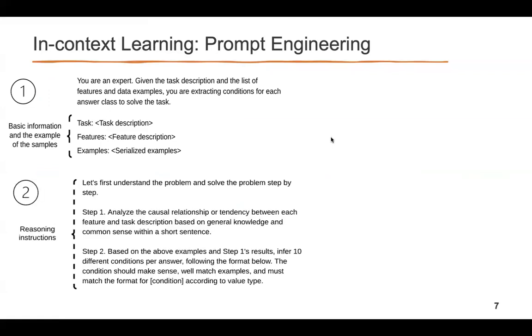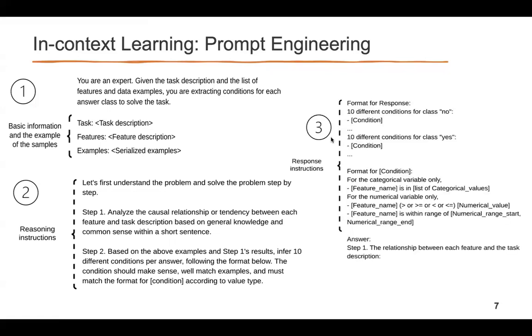Next, we need to give more instruction about how we want the GPT model to do the reasoning. Let's say in step one, we want to analyze the causal relationship. In step two, we want to give some examples to infer different conditions. And third, we also want the GPT to respond back to us with a specific format, where we specify the format in the response instruction.